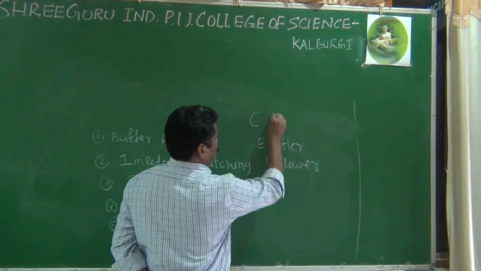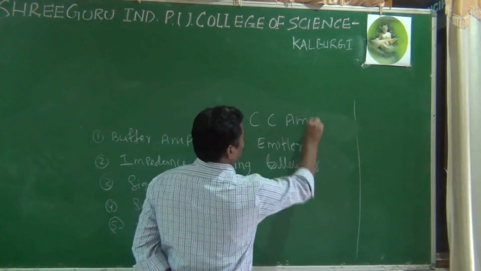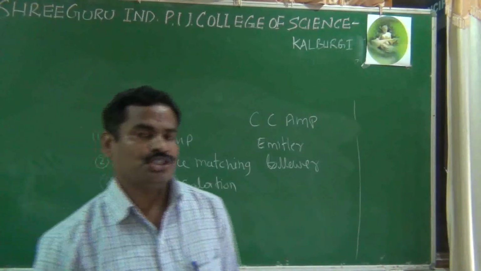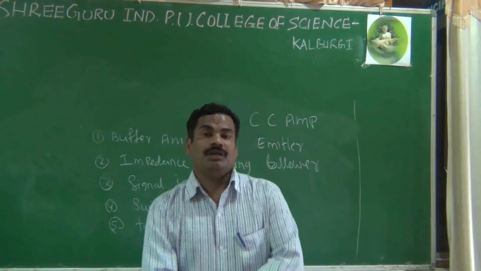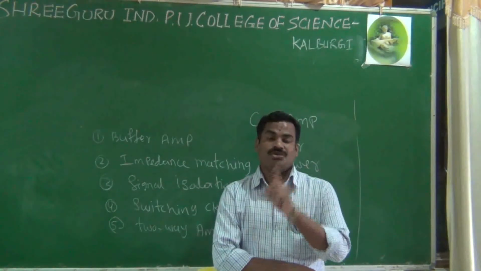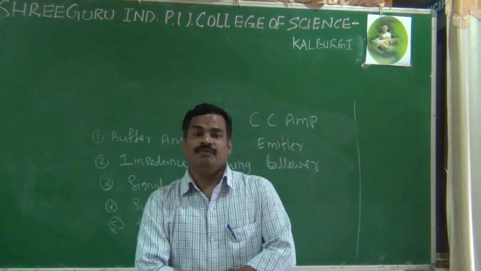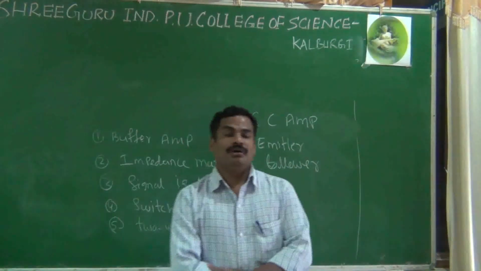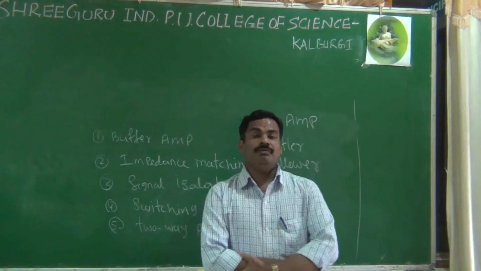Your CC amplifier is also called by another name. One more important question: why is the common collector amplifier called an emitter follower? Because, as we already know, the emitter is the output voltage and the base is the input voltage.